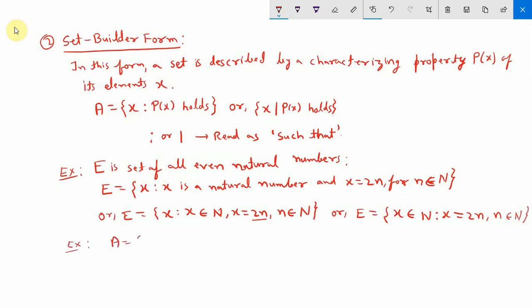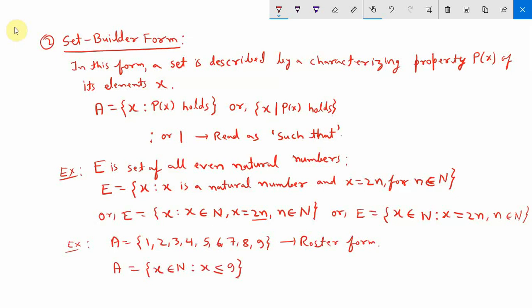If A equal to, in roster form it is given as 1, 2, 3, 4, 5, 6, 7, 8, 9. So this is in roster form. If we write this in set builder form, we can write A equal to x is an element of natural numbers such that x is less than or equal to 9.